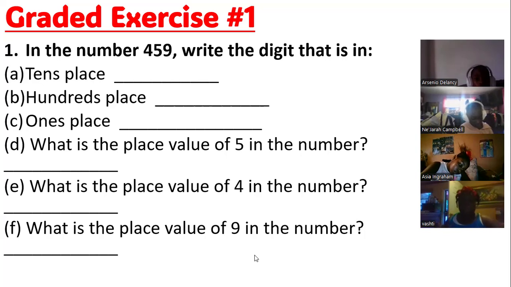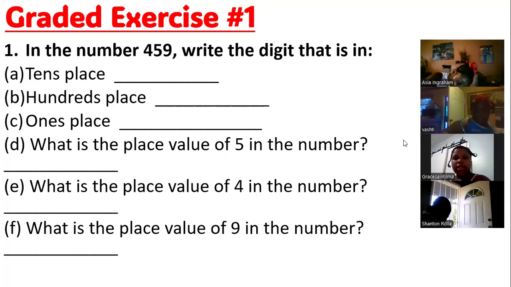Asia, you finished with this? I'm on E now. You're on E now? Okay, good. All right, so what number you want on the second one, Najara? I'm on A. You want number 2A? Yes, sir. I just started. You just starting it. And Vashti, what number you on? I'm just starting it too. Okay.